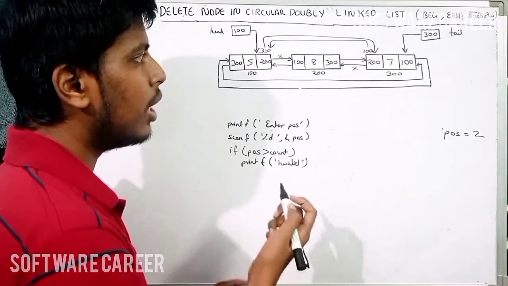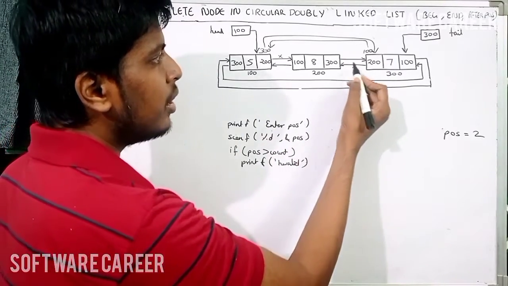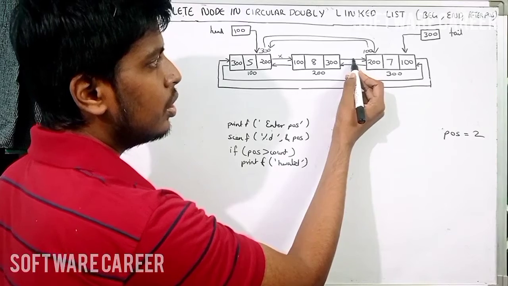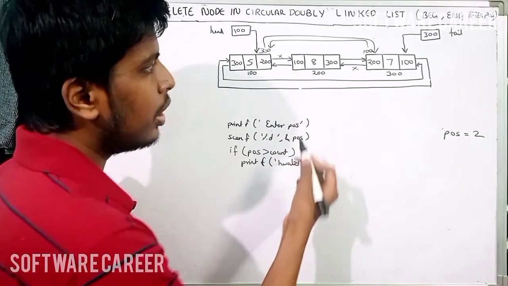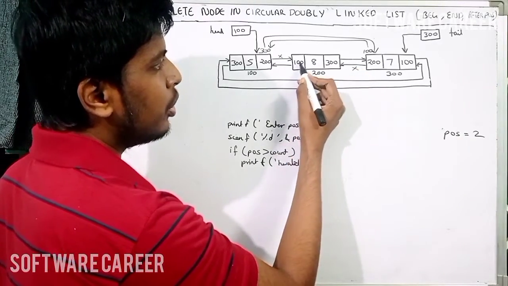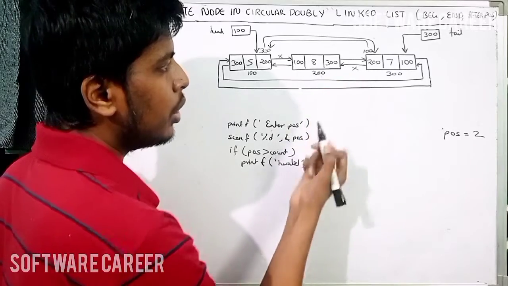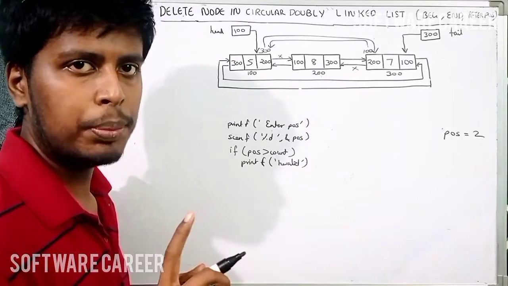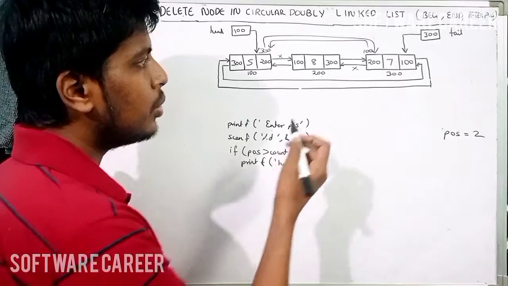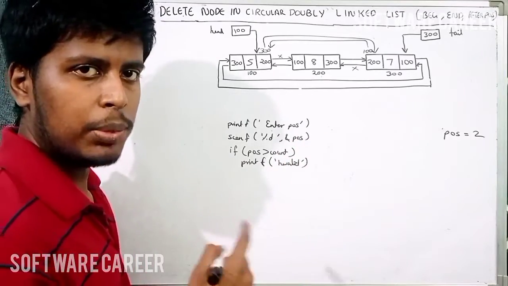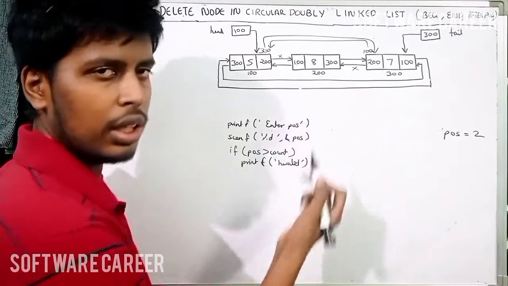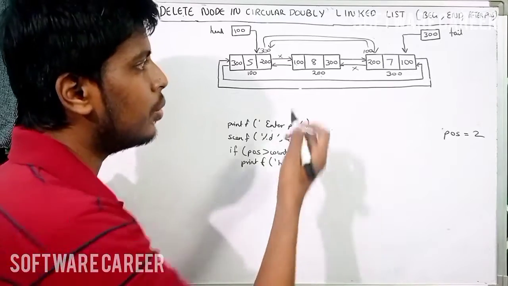Now see, another thing is you should cancel this link also, this link and this link. For that I could store 0 in the previous pointer and next pointer of node 200. But it's not compulsory to make these 0. I can delete this node by another method.